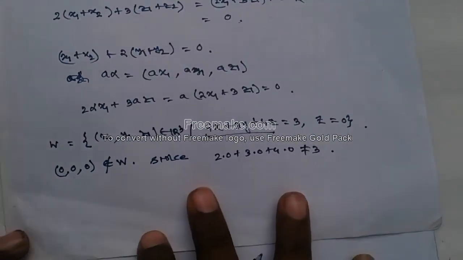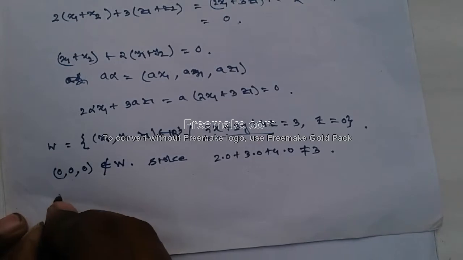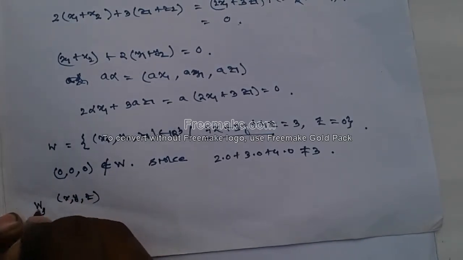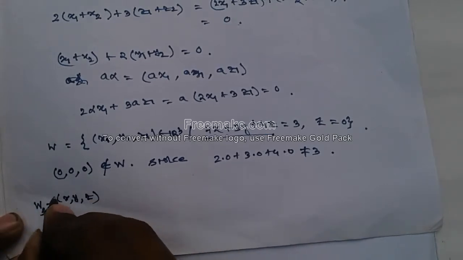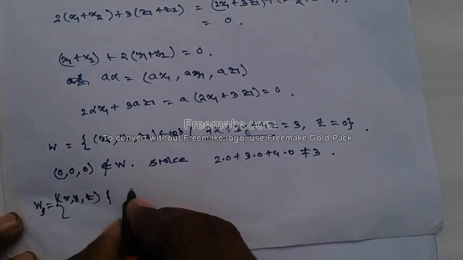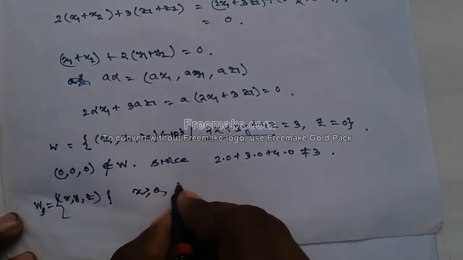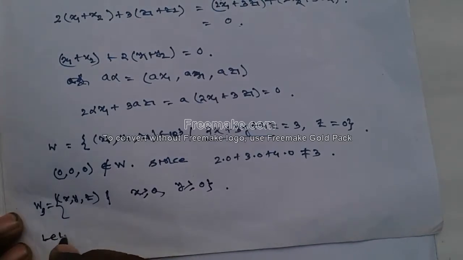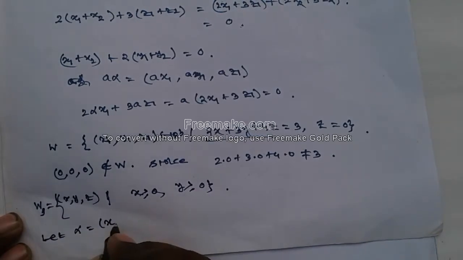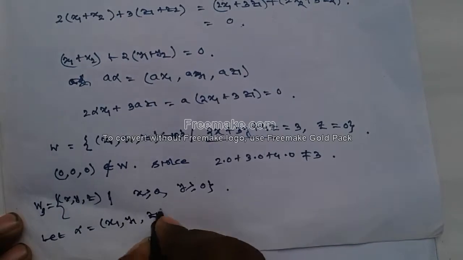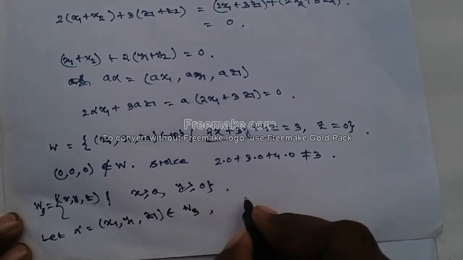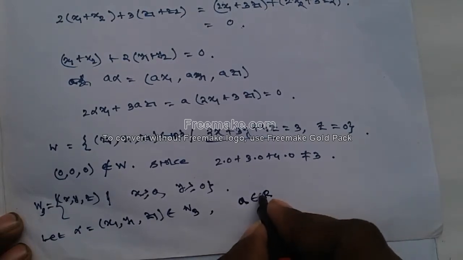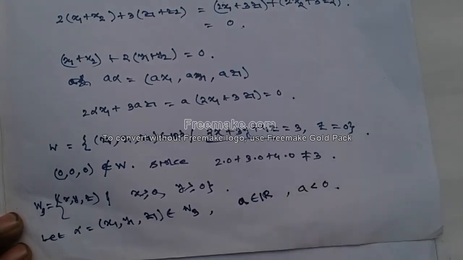Now we check the third condition. The third condition is W3, the set of (x, y, z) such that x greater than or equal to 0, y greater than or equal to 0. Let alpha be (x1, y1, z1) belonging to W3, and we take a real number a such that a is negative.